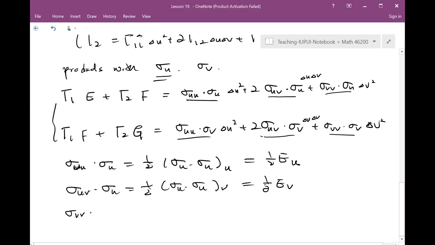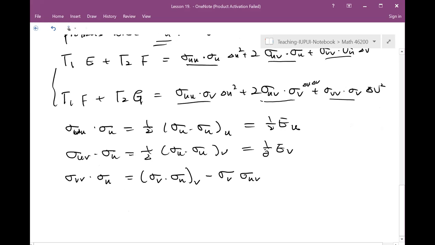The last one is the most difficult. So first of all, I have sigma V dot sigma UV. Okay, that's the first part.